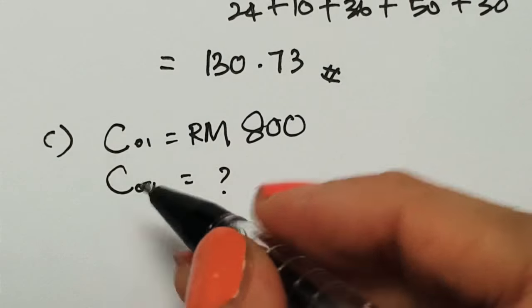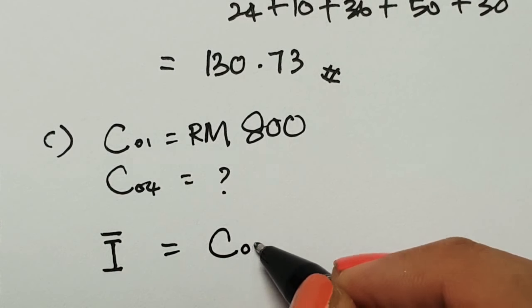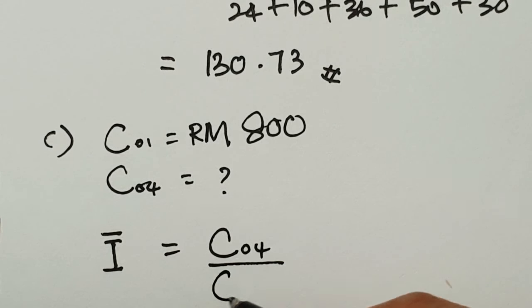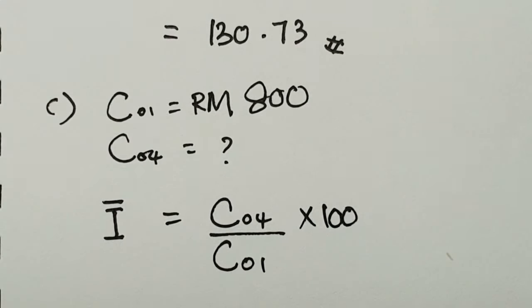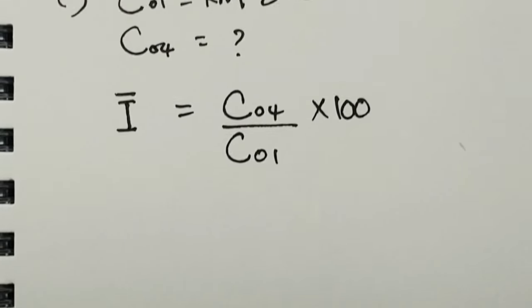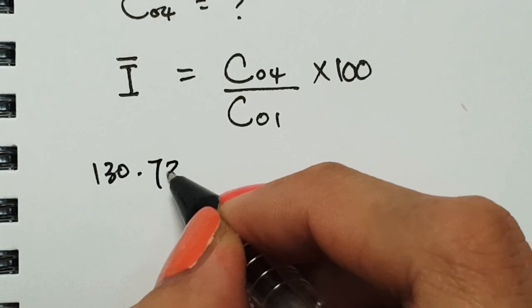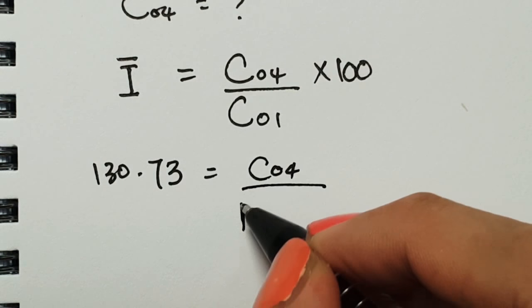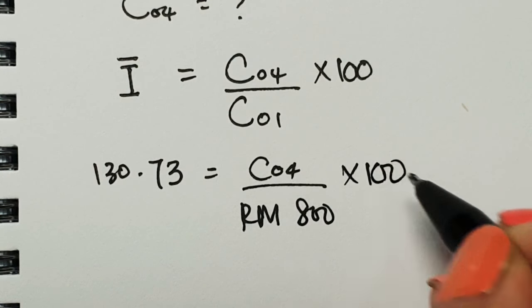That is this, right? So the composite index will equal to cost in 2004 based on 2001 and then times 100. So this is the formula. So our composite index is 130.73. 130.73, and the cost in 2004 we do not know, but the cost in 2001 is 800 times by 100.